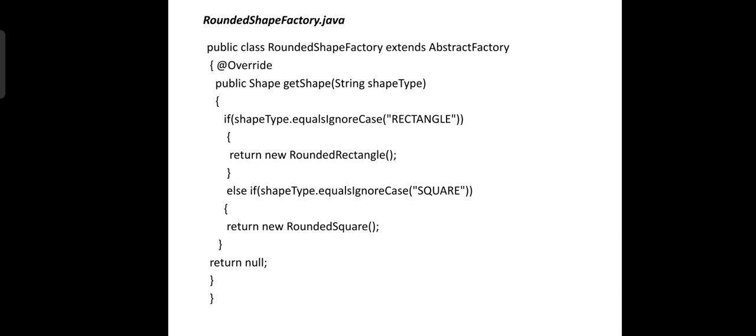For that also we will use the getShape method, and in that method we will pass the shape type as an argument. Here we will check if the shape type equals ignore case rectangle, then it returns a new RoundedRectangle, because this class is only for the rounded shape factory. As well, if the shape type equals ignore case square, then it returns a new RoundedSquare, and if this condition is not satisfied, then it returns null.